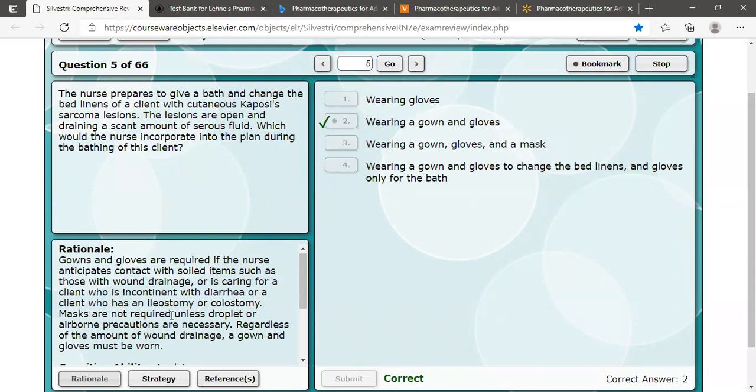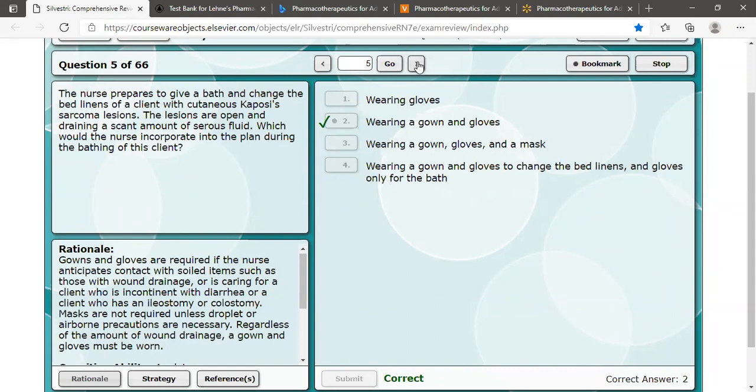Masks are not required unless droplet and airborne precautions are necessary. Regardless of the amount of wound drainage, a gown and gloves must be worn.